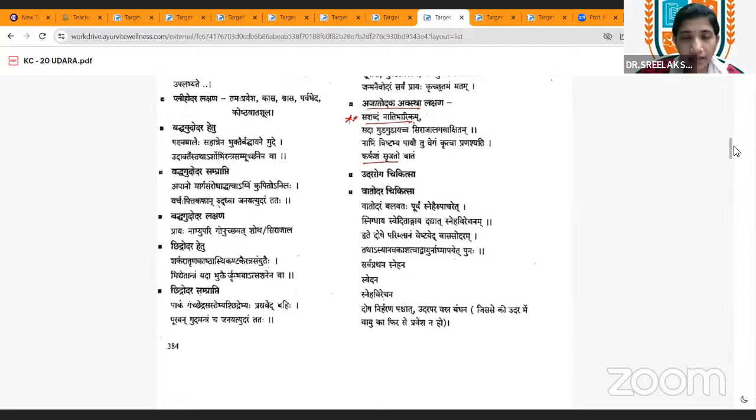Pippali and Guggulu can be used as a Dashayana Prayoga. You can write the code as Gud Pip. Whenever the term Pip is present, that is Pippali, and Gud is for Guggulu. Gud Pip is a rasayana used in Udara.